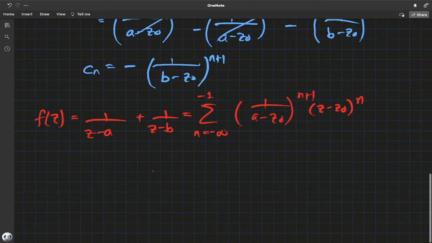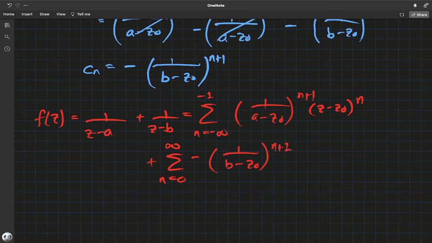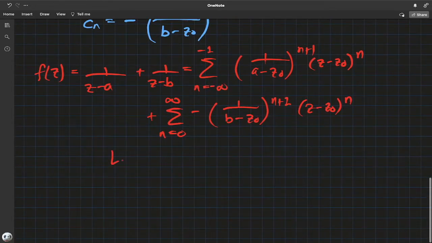This was just the coefficient. Plus then the positive semi-definite case, and we have a negative 1 over b minus z naught to the n plus first power, times z minus z naught to the n. And this is a proper Laurent series expansion, because you notice the positive and negative power terms here.